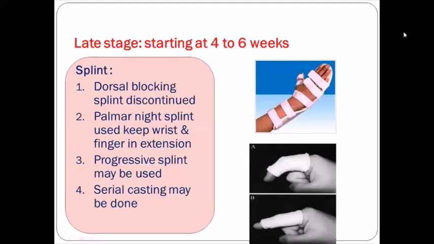So you can discontinue this dorsal blocking splint and go for the Palmer Knight splint, because if the hand is kept in wrist flexion and MCP flexion, there is a chance of contracture at the wrist, MCP joint, as well as sometimes the PIP and DIP also. So this is the splint we use to stretch it at night.